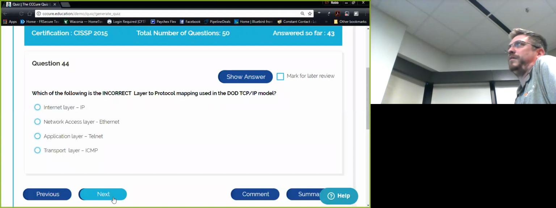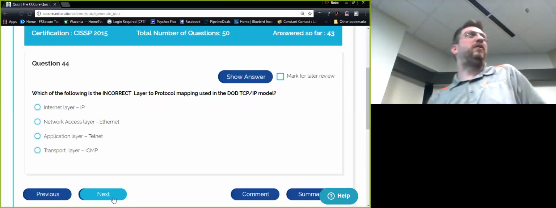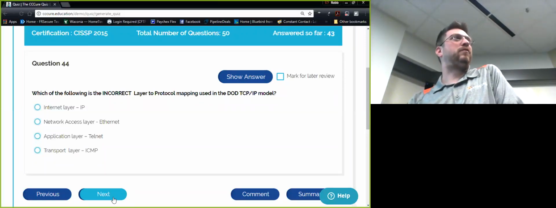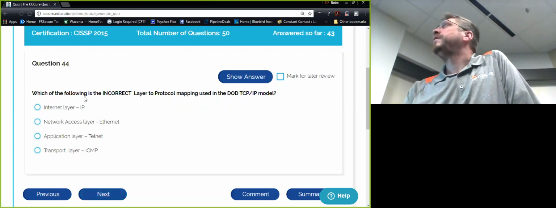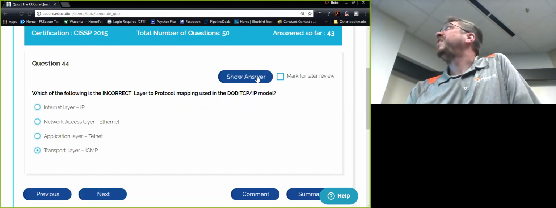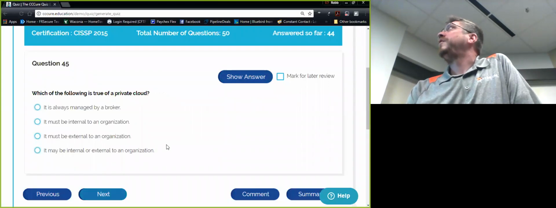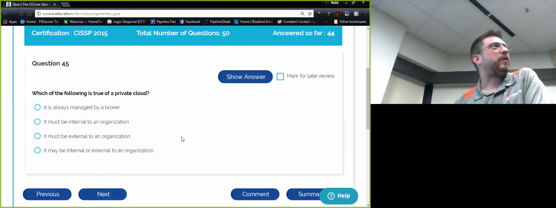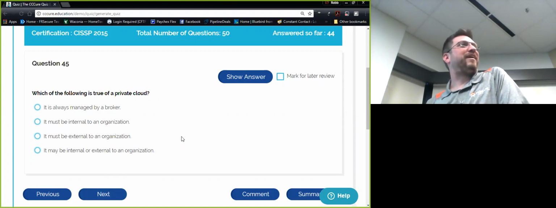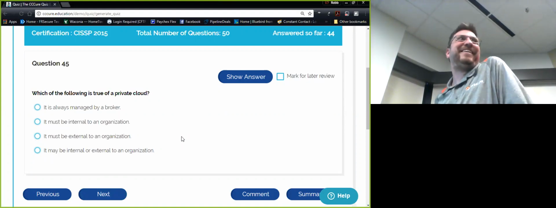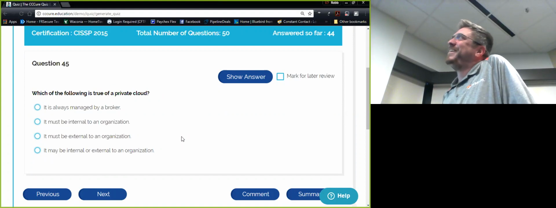ICMP is on the network layer, that's not a transport. That would be like IP or TCP. There you go, transport ICMP. I'm blaming my 2-hour car drive here and then forgetting my key and being late. I'm going to take the test.